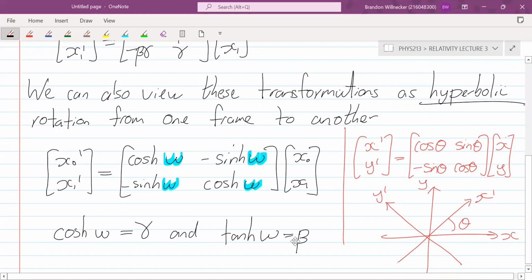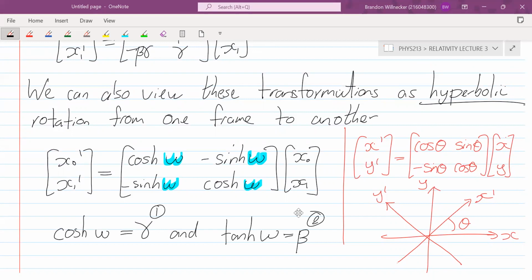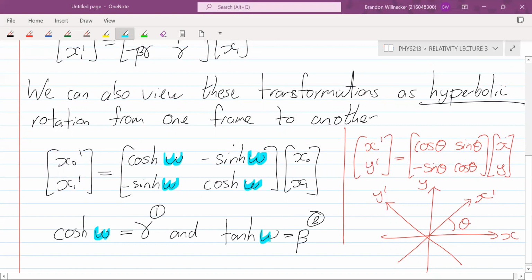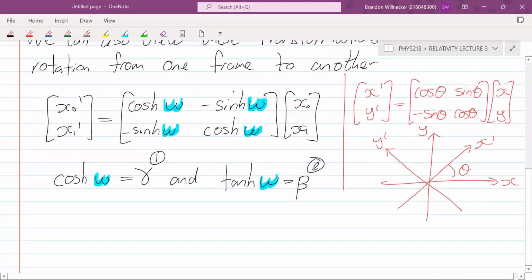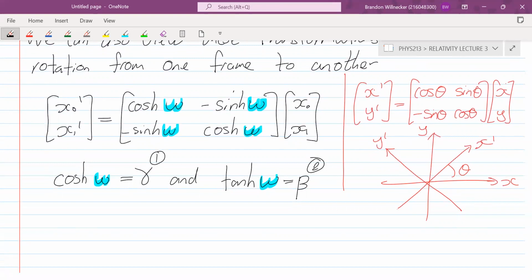So we've got these two equations here, let's say equation 1 and equation 2, relating our previously known quantities, gamma and beta, to our newly introduced quantity, the hyperbolic angle. Let's just highlight that's our new thing, omega. Equation 2 gives us the relationship between this hyperbolic angle omega and the previously known quantity, the standard velocity.